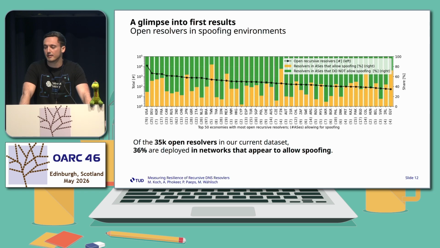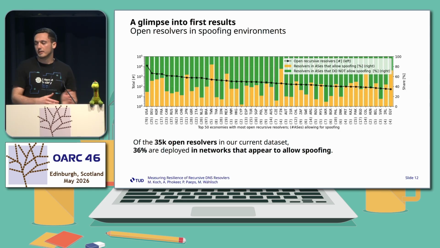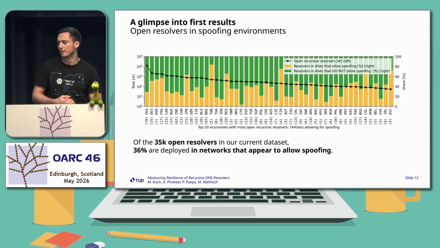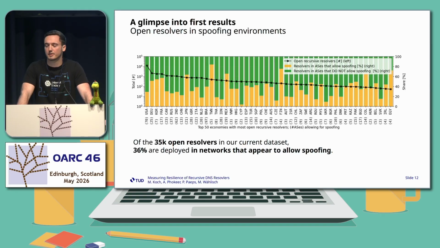We also indicate the number of ASs that allow for spoofing in that country. And on the y-axis, you can see the total number per country of open recursive resolvers. And on the right y-axis, you can see the share of resolvers that are deployed in networks that seem to allow or appear to allow spoofing.